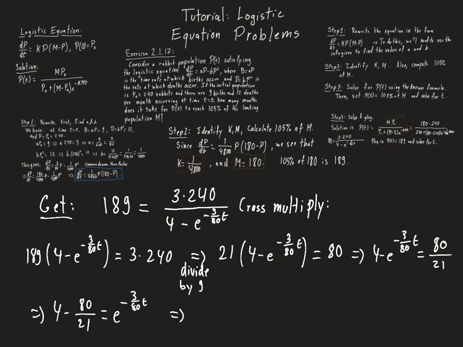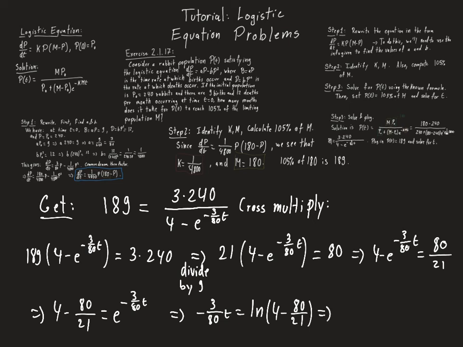Now we take natural logs of both sides to get that negative 3 over 80 t is equal to natural log of 4 minus 80 over 21.